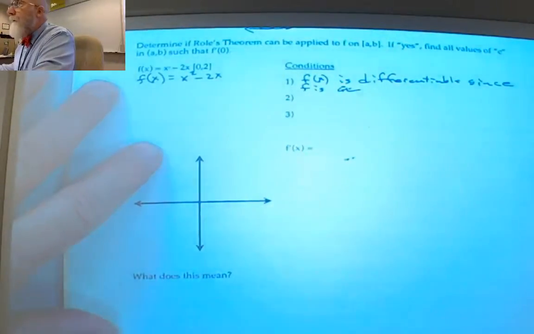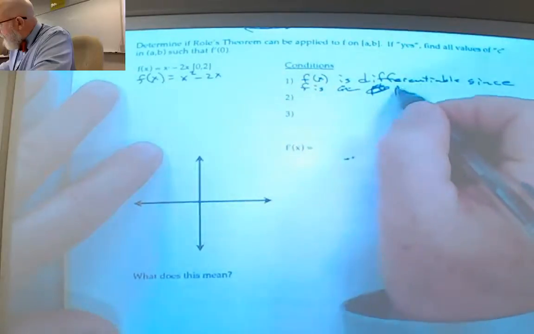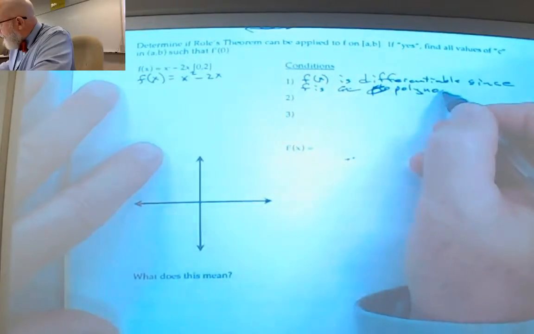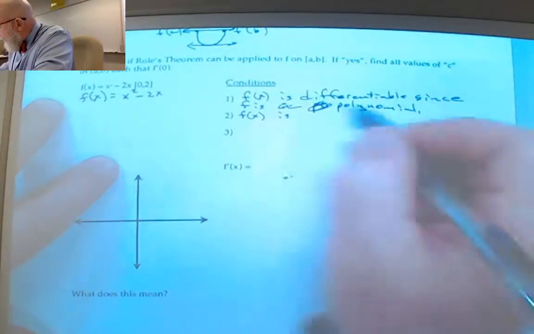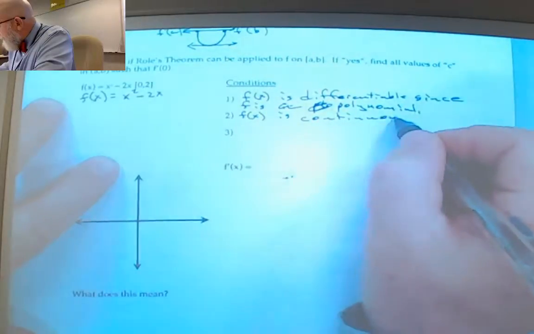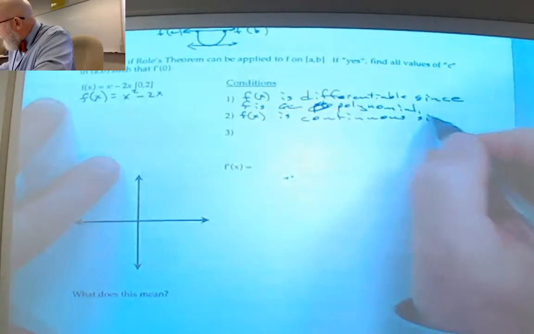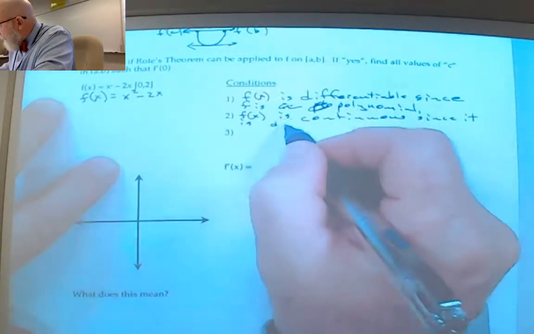I heard it. Polynomial. That means f of x is continuous, since it is differentiable.